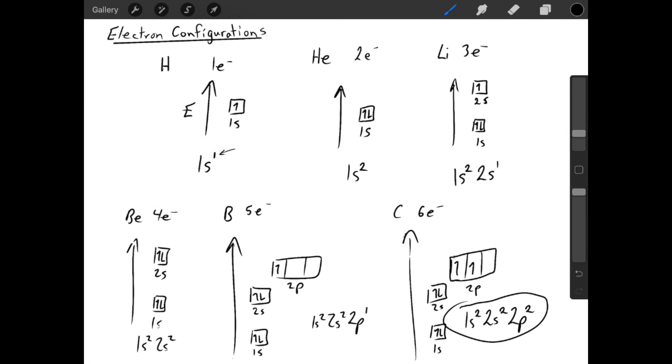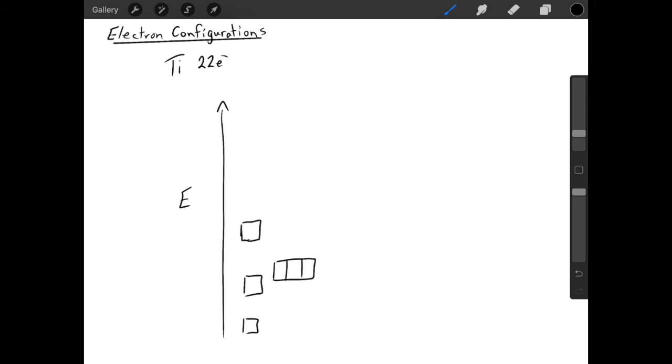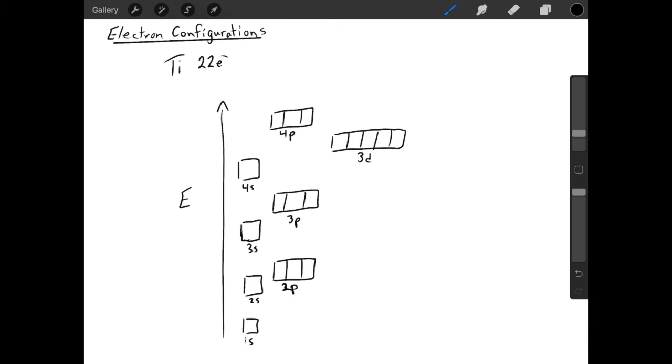And we'll do one final example with a lot more electrons, just to show you what it looks like once you start adding the d electrons in. We'll look at titanium with its 22 electrons. So titanium has 22 electrons, and we fill from the bottom up. So we add starting at the 1s orbital.